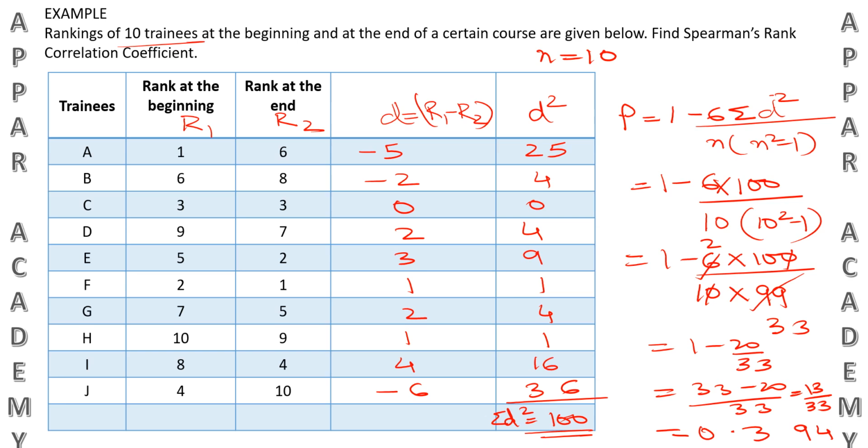Right? Okay. So now next we will talk about the merits and demerits. So when we talk about merits and demerits, first of all, we all know it's quite easy to find Spearman's rank correlation in comparison to Karl Pearson's coefficient of correlation, right? But the most important merit is it is the only method that can be used to find correlation coefficient when we have qualitative data.